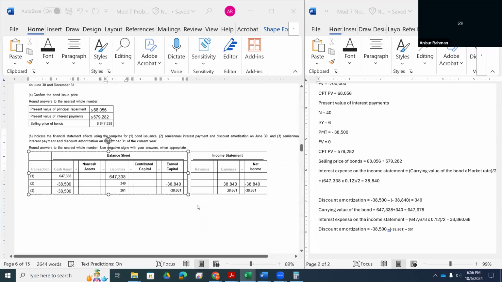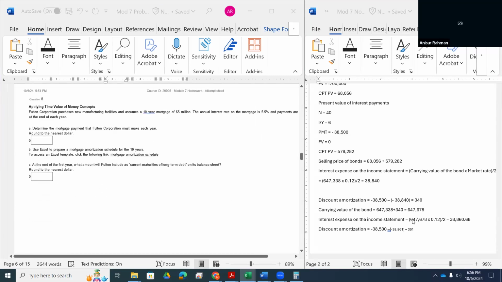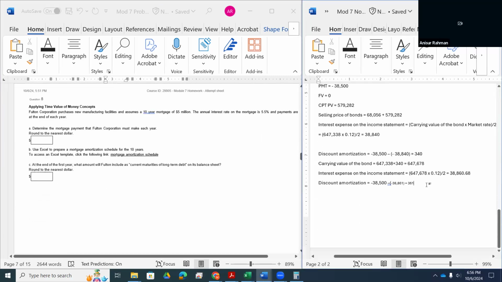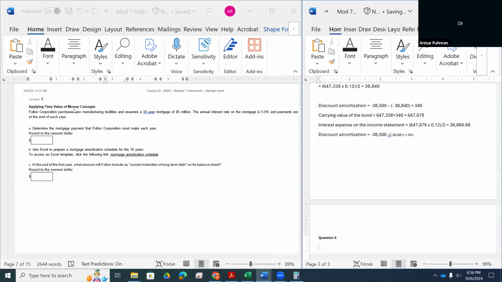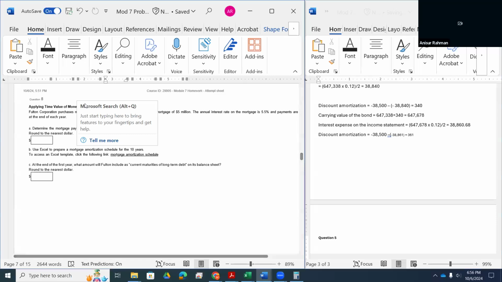I'll move to question 5. So this company purchased new manufacturing facilities, assumes a 10-year mortgage of $5 million.